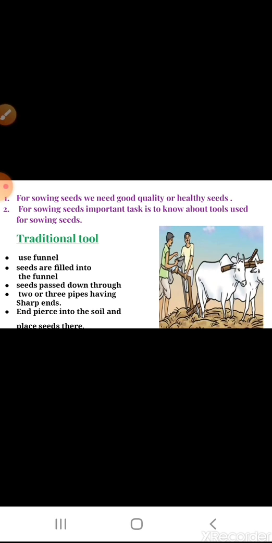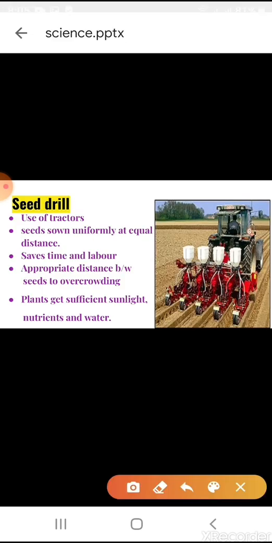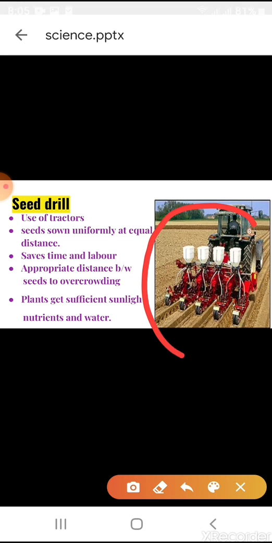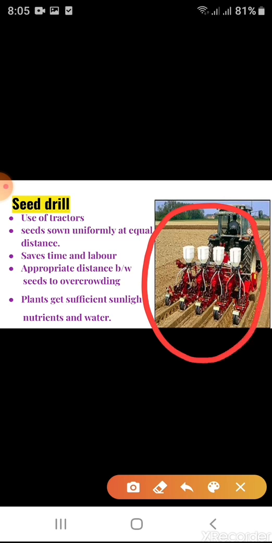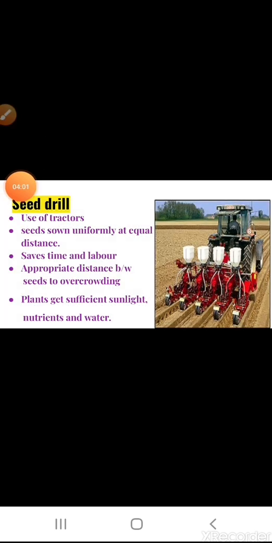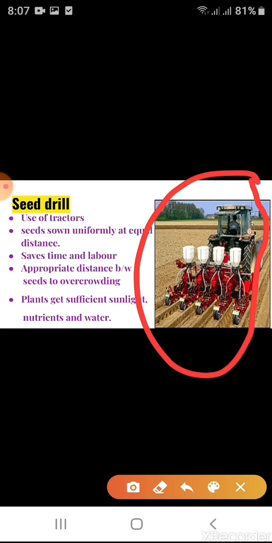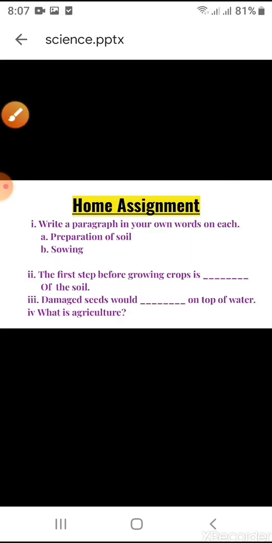It ensures that seeds get covered by the soil after sowing. This method also protects seeds from being eaten by birds. Sowing by using a seed drill saves labor and time also. Children, in this method, we are not sowing seeds manually, we are using a tractor. So when we use a tractor, it saves time and labor.